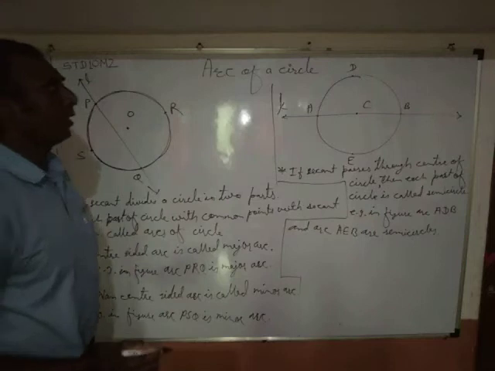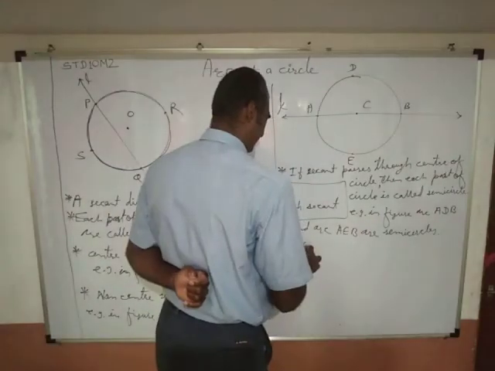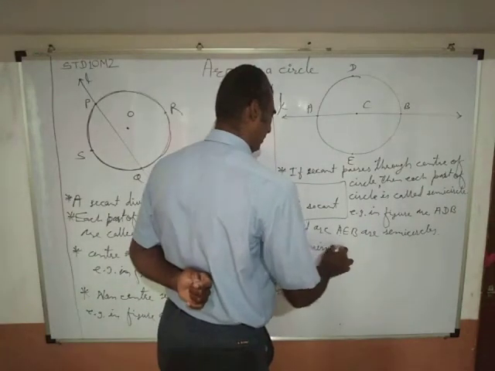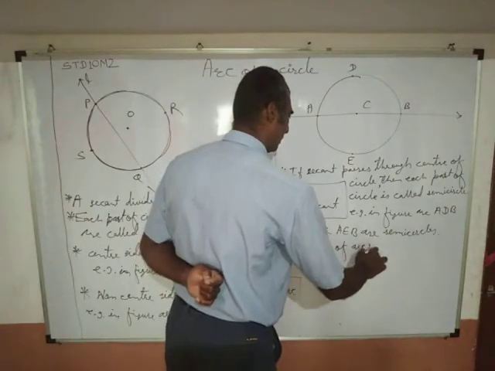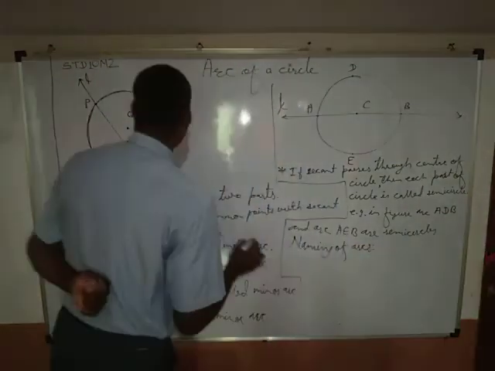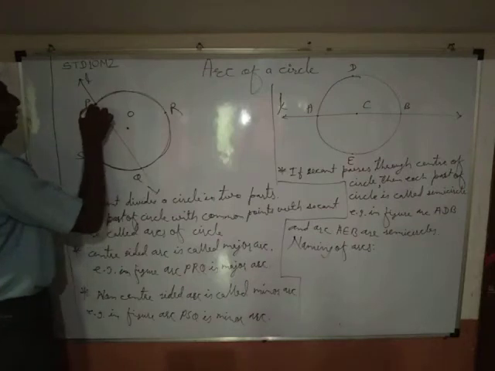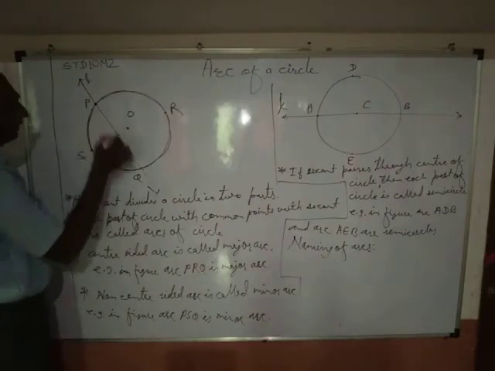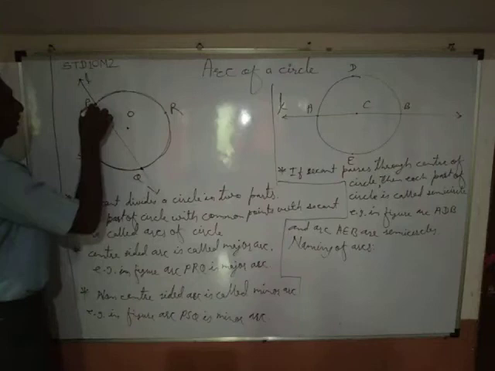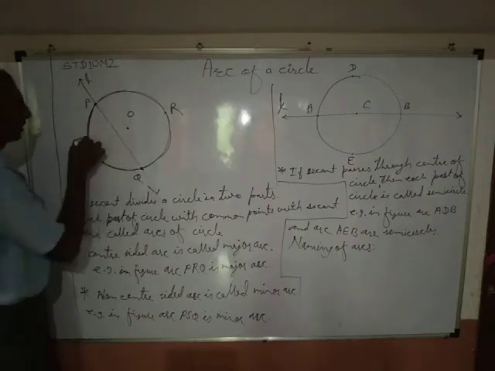Now naming of arcs. While naming an arc, we used to use endpoints of those arcs along with a point in between them.